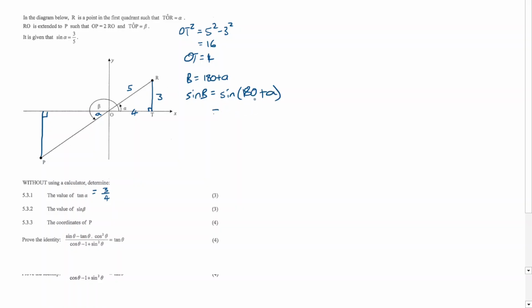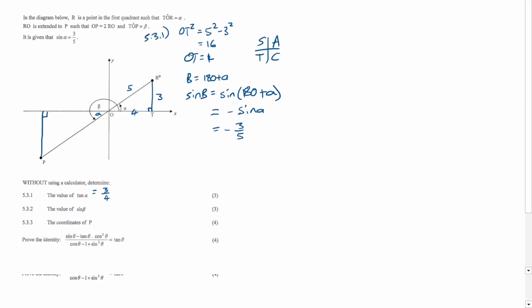So 180 plus is in the third quadrant, and in the third quadrant, sine is negative. So it's negative sine A. And then I can just go back to my A angled picture and say sine is opposite over hypotenuse. So it's minus 3/5.